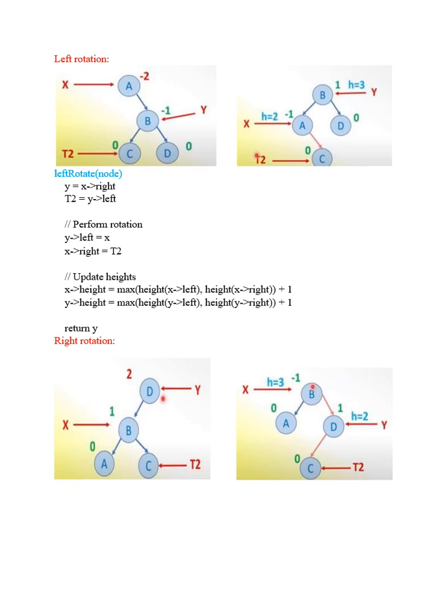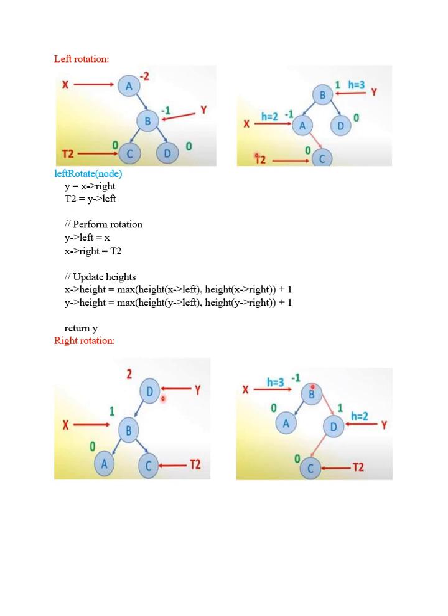Now we have to perform the rotation. That is, y of left is equal to x. Y of left was a, so it becomes x now. And x of right, that is c, becomes t2.